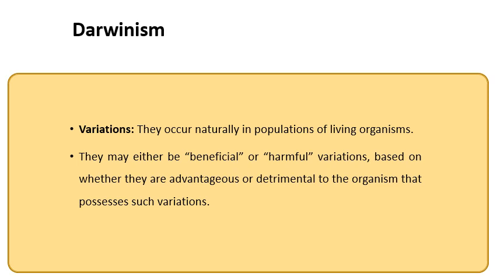The second type of variation is called harmful variation. Some of the characters prove to be harmful, and as a result we call it harmful variation. For example, development of a disease in a plant. This is an example of harmful variation.